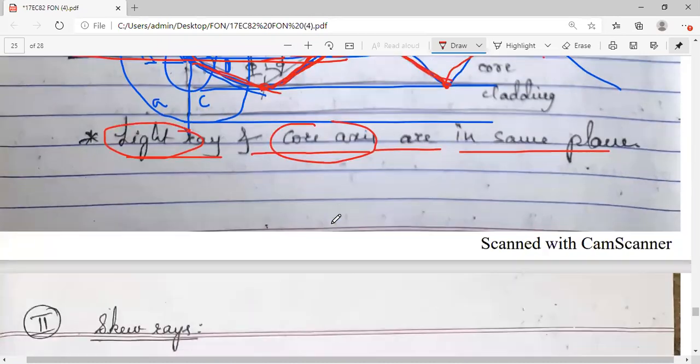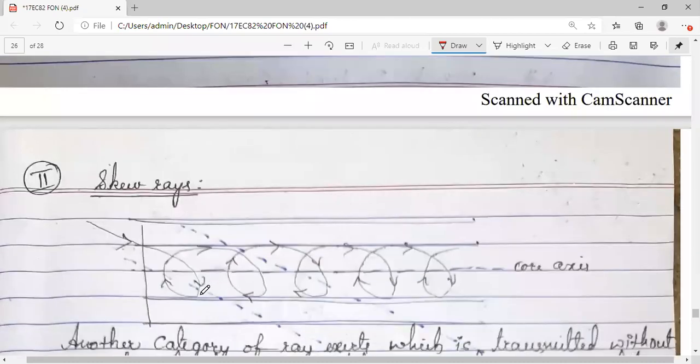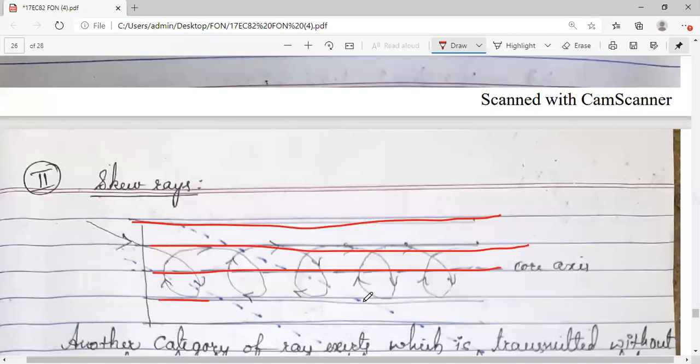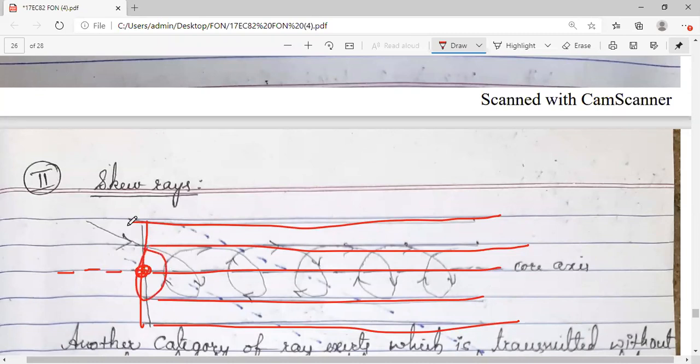Let us talk about skew rays, which is actually there for your study. You can view here. Again, I have drawn an optical fiber indicating the structure having core and cladding. This is the face, this is your center part, and this is your axis of the core and core cladding. If you observe, there is a ray coming here.